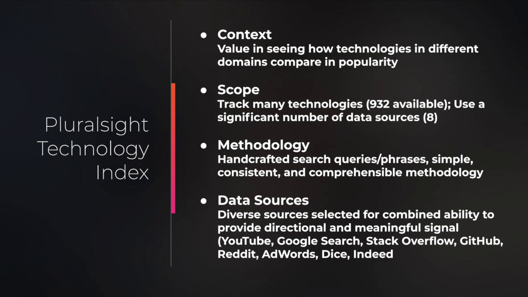We don't make it super easy to filter out a domain level index, but you can still identify that technology A is a programming language and it is ranked higher than technology B, which is also a programming language. In terms of scope, we track a lot more technologies, 932 currently, and we use a significant number of data sources.